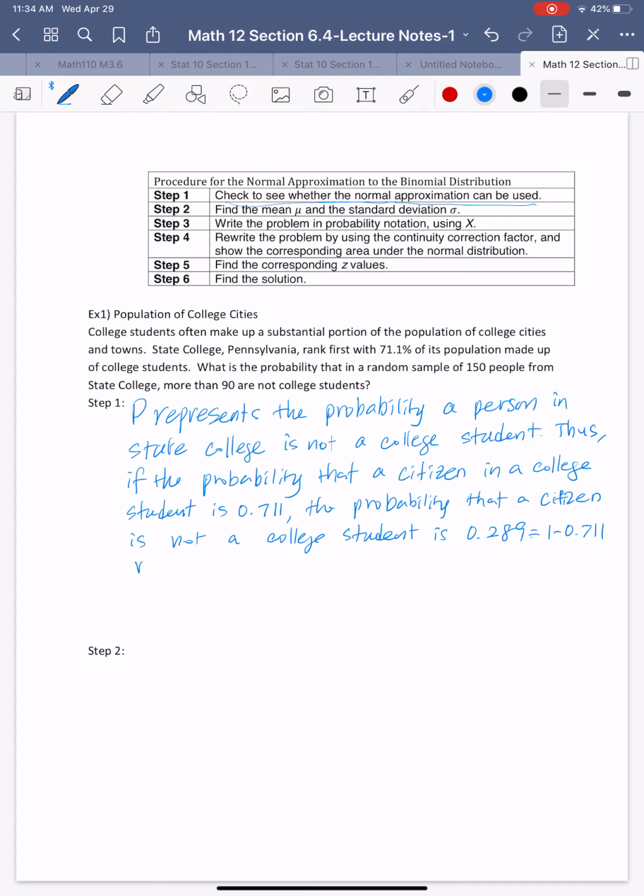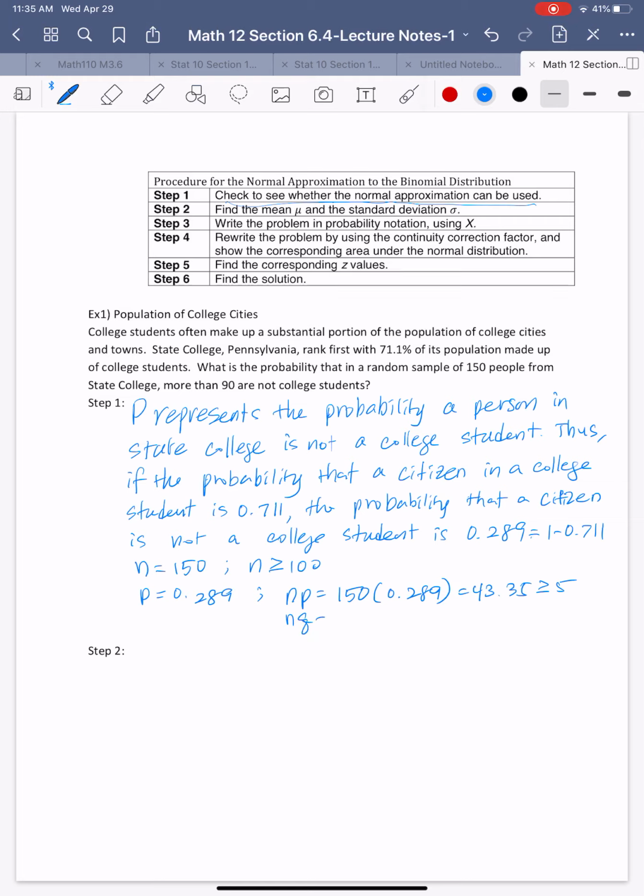Let n equal 150. They choose 150 people, which is more than 100. And p is 0.289, because we are looking for the number that is not a college student. Then np is 150 times 0.289, which is 43.35, greater than or equal to 5.